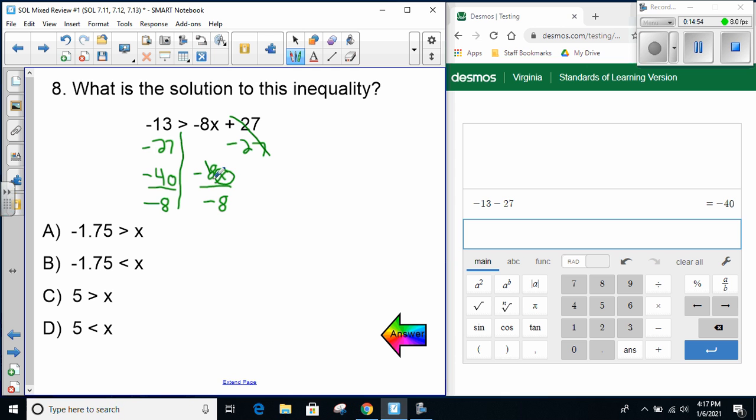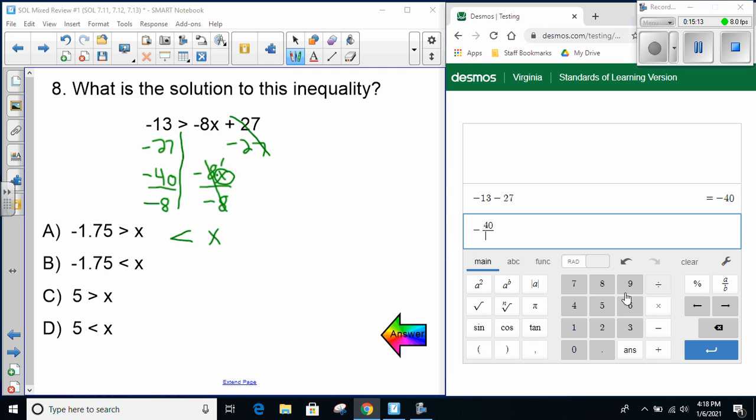Negative 8 divided by itself is just 1, so we're just left with 1x, which is just x. Anytime you multiply or divide by a negative, this symbol needs to get flipped around. So I'm turning it around so it's facing the opposite way. And negative 40 divided by negative 8 is your last step on that other side to solve.